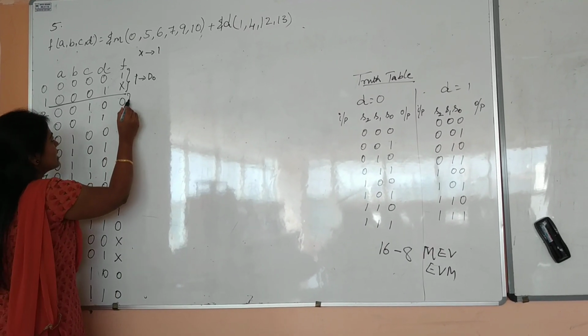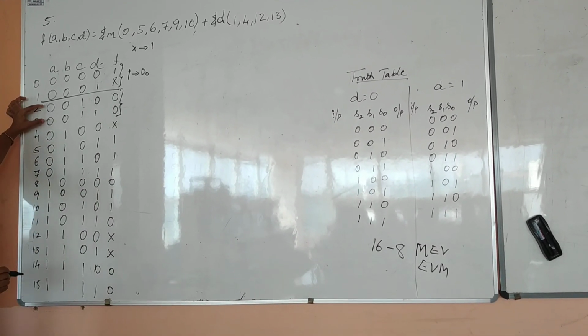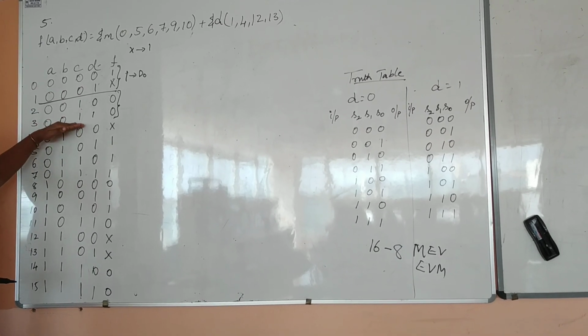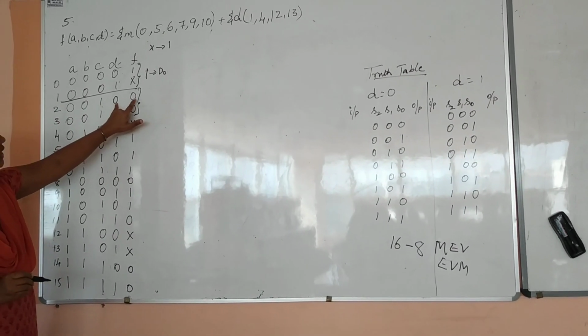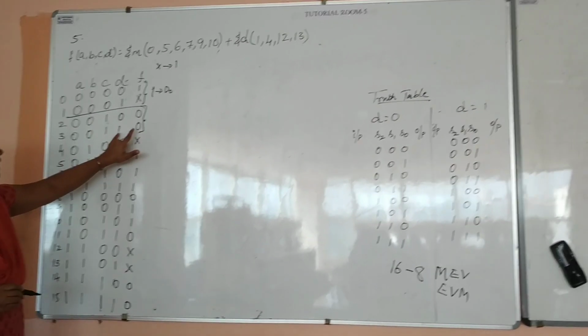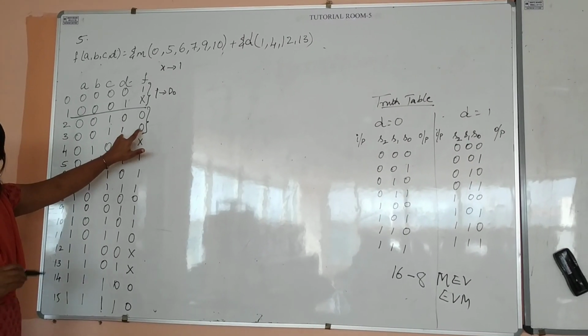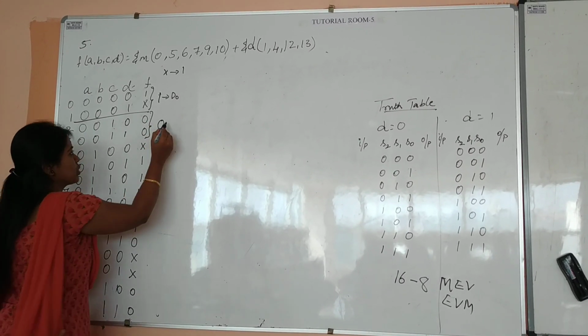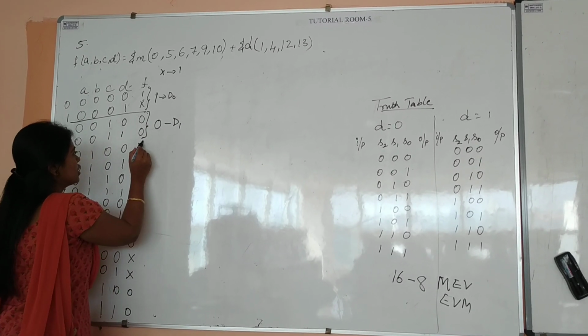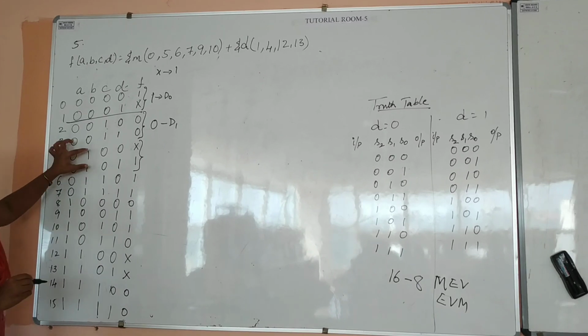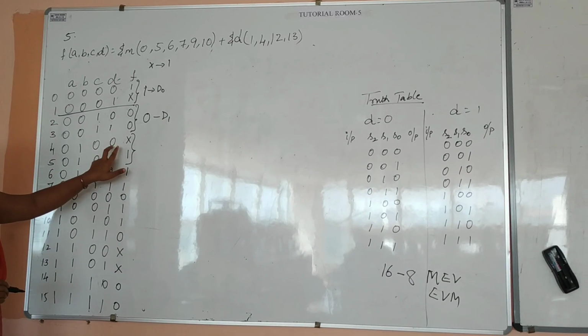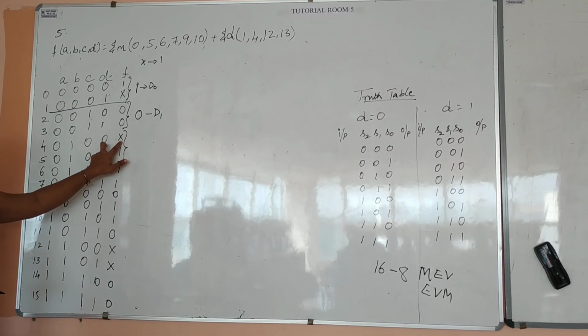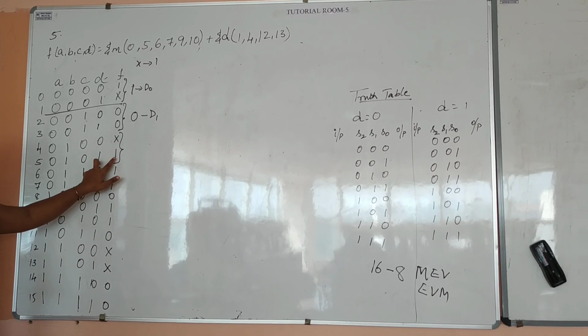Similarly, see the next 2 lines. Here also ABC values are not changed. When D is equal to 0, F is 0. When D is equal to 1, F is 0. The value is not changed, so these two you can reduce to 0. This will be your D1. See the next 2 lines. Again ABC values remain the same. Here this is 0, this is 1, this is 1, this is 1.